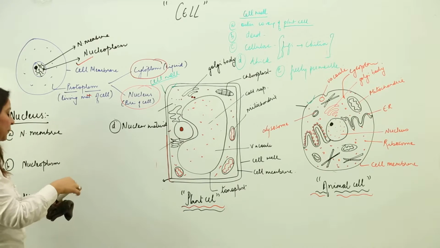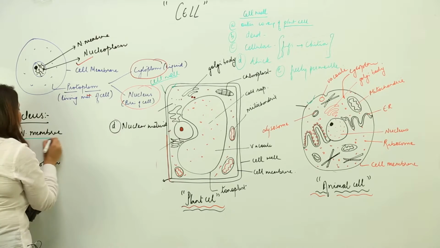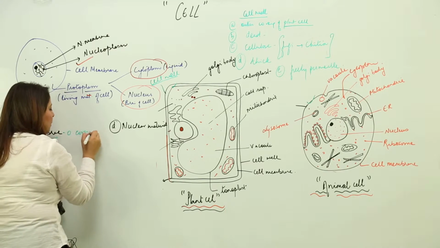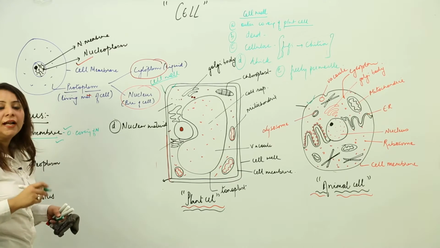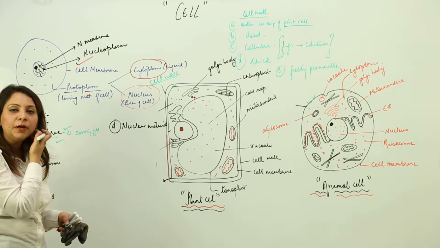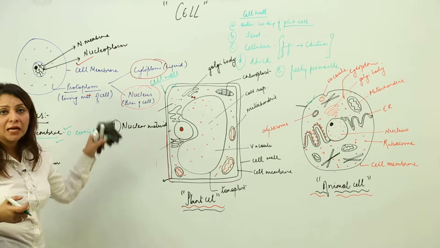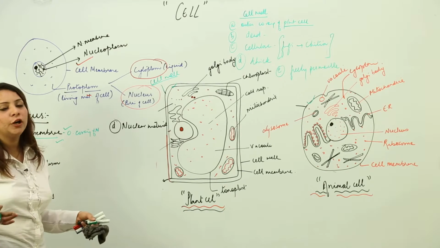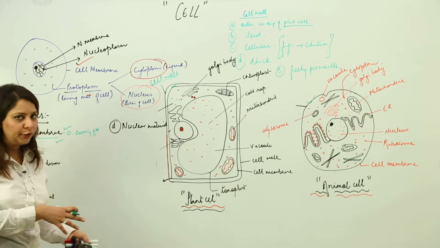So let us study in detail what they are meant for. The nuclear membrane, as you have seen, is the outer covering of the nucleus. If we talk about its permeability, whether it is semi-permeable or freely permeable, obviously it encloses the nuclear material, so it has to be selectively permeable, because we don't want any foreign particle which enters the cell to get into the nucleus and destroy the nuclear material.